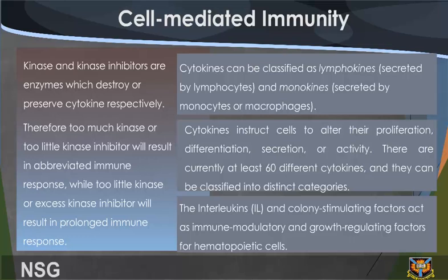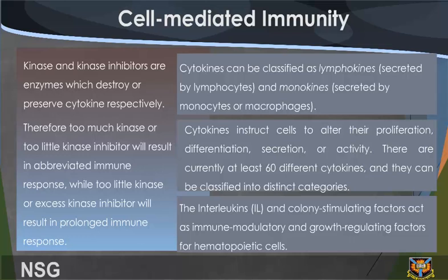Kinase and kinase inhibitors are enzymes which destroy or preserve cytokine respectively. Therefore, too much kinase or too little kinase inhibitor will result in an abbreviated immune response, while too little kinase or excess kinase inhibitor will result in a prolonged immune response.